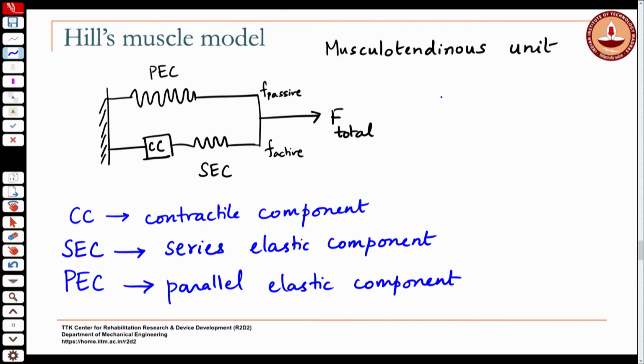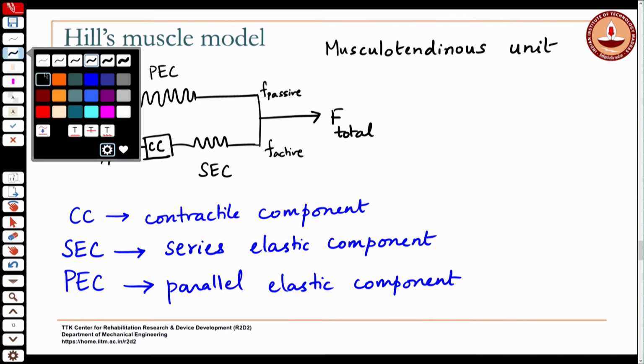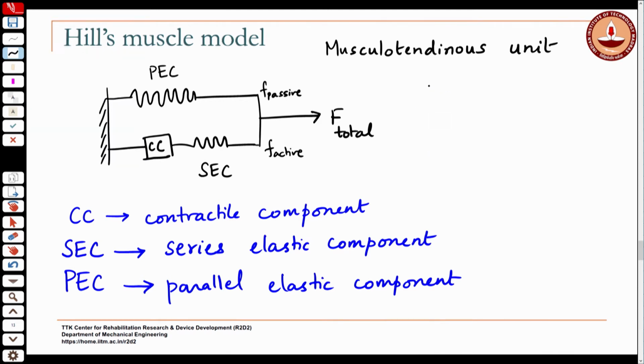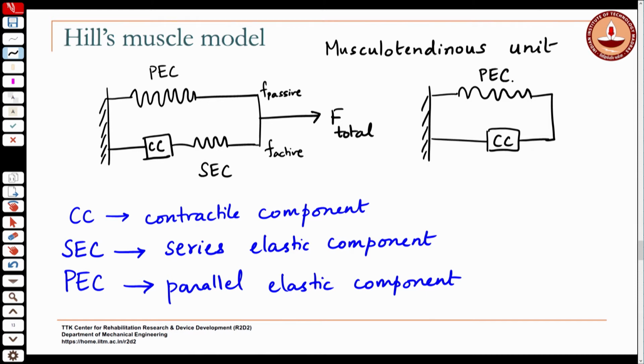So, when you model and you want to represent muscles, this is one of the most common models used to represent the muscle, and it is called the Hill's muscle model. In some places you will also see a slightly different form of this, where you have PEC, and then you have the SCC.